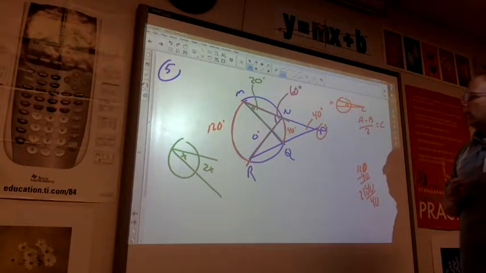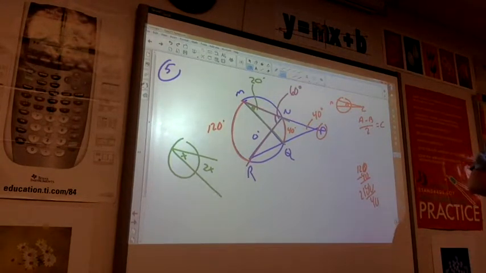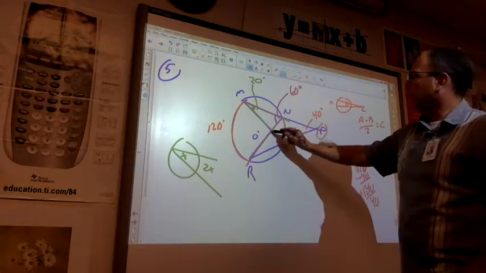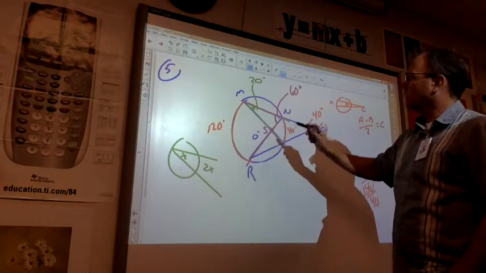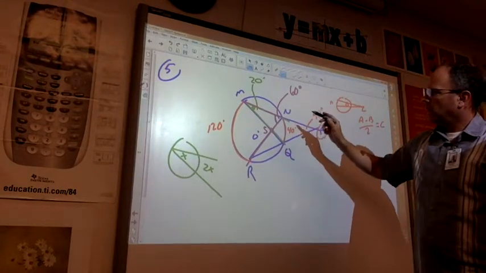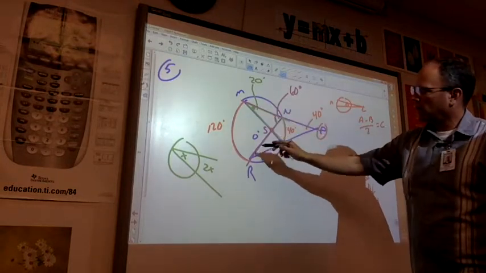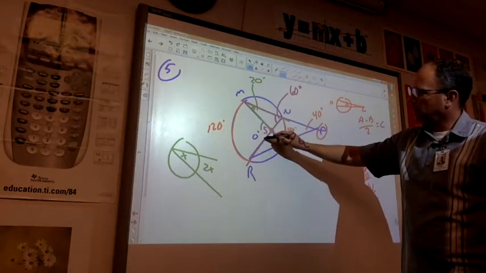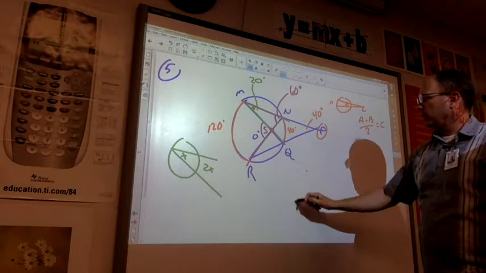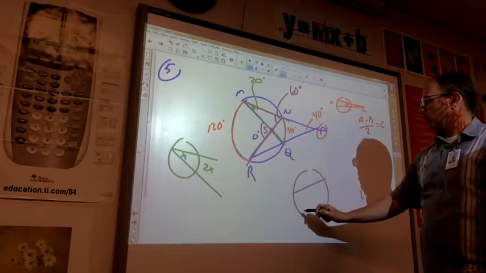MSR. This is S right here. MSR, so here, right? We're looking there. We have to remember this property when they cross.